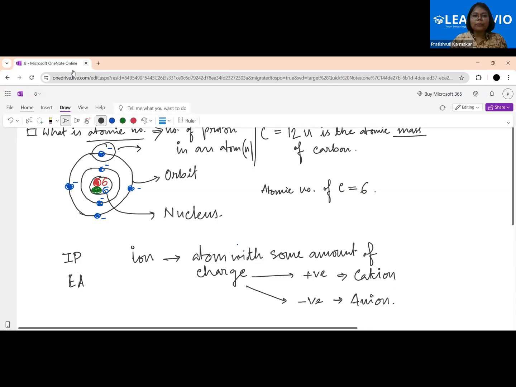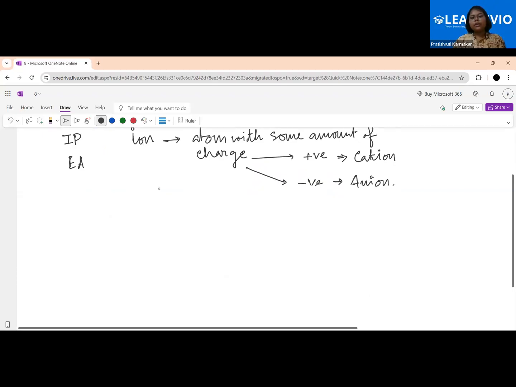We denote it N suffix P, as the number of protons, and N suffix N as the number of neutrons.